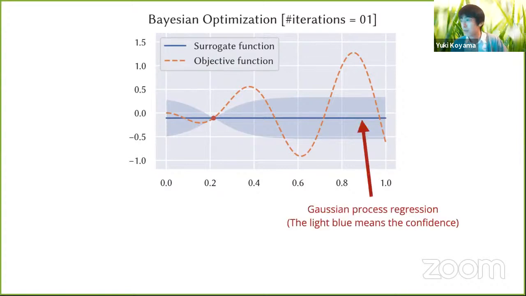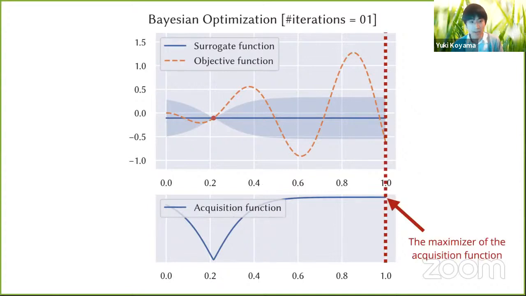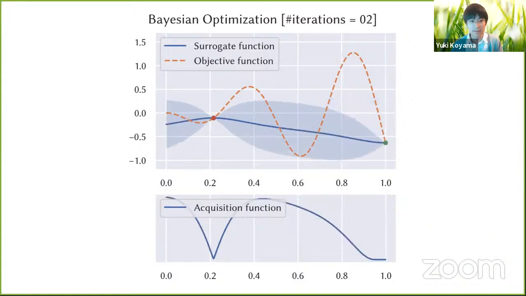For this estimation, a technique called Gaussian process regression is the popular choice. Using the estimated function, BO calculates the acquisition function, and then it finds the maximizer of the acquisition function. In this case, the farthest point is chosen. Then BO observes the function value of the chosen point.